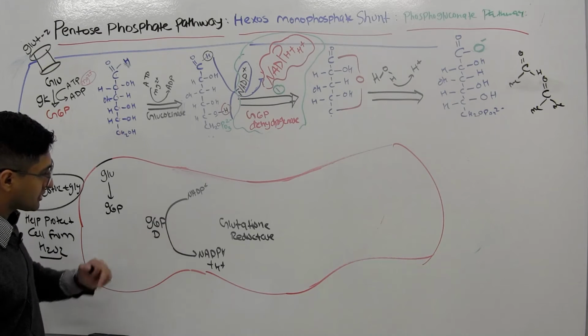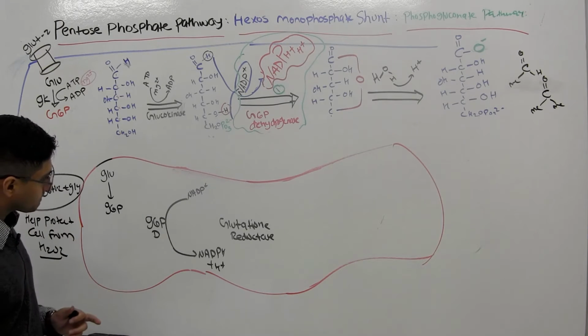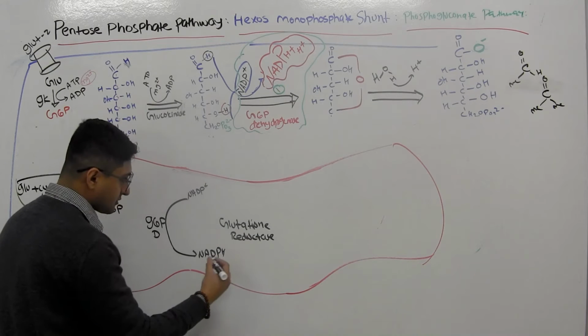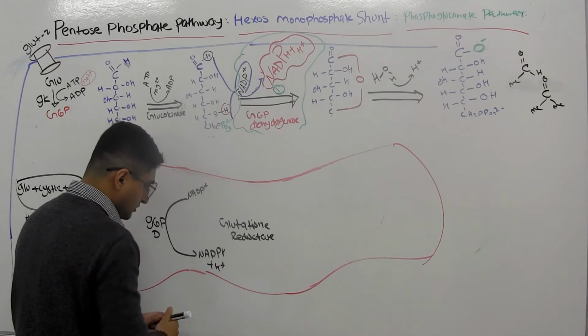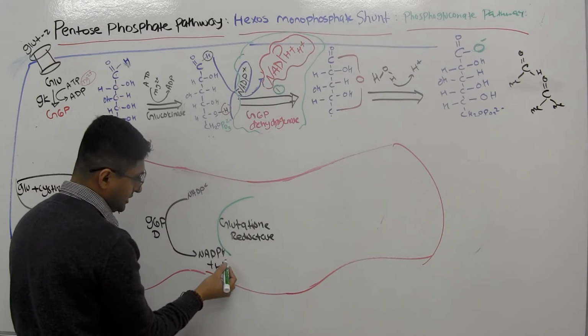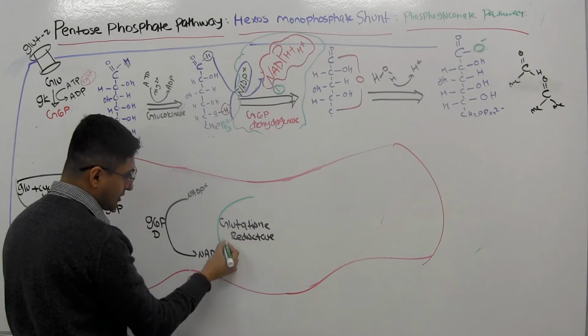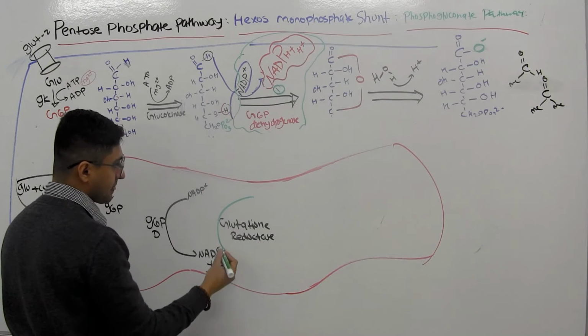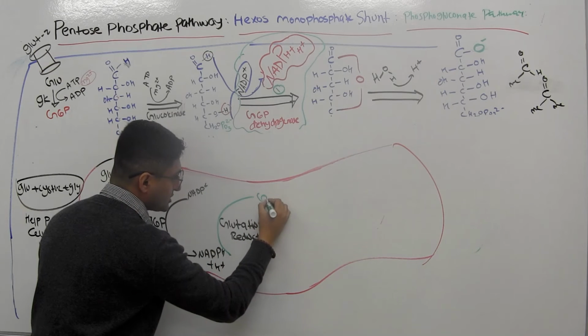So when you have this glutathione reductase, what is it going to do? It's going to take this compound right here, pluck it out, and then give it to something else. Actually, it's going to give it to this guy, which is GSH.